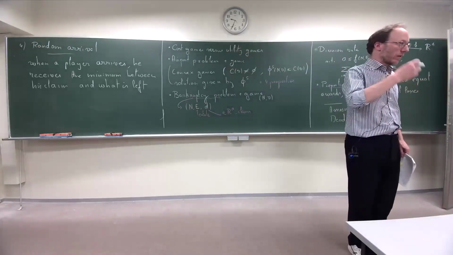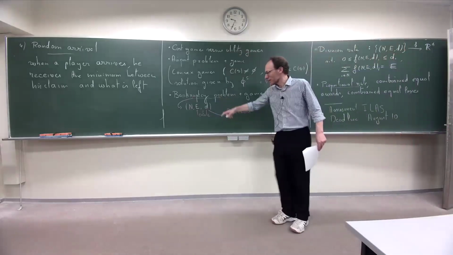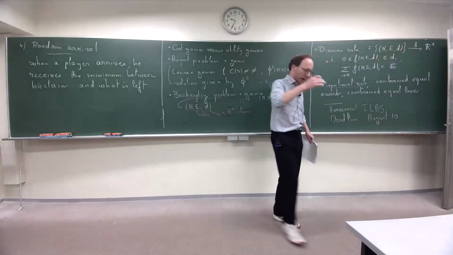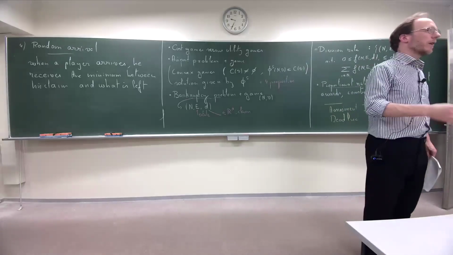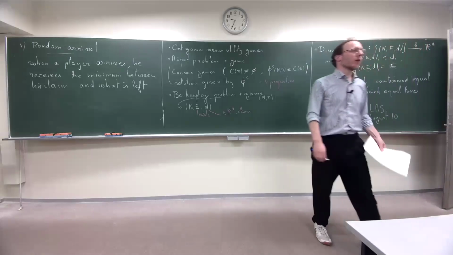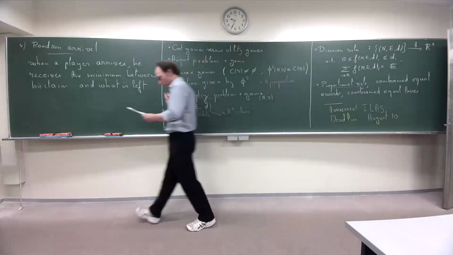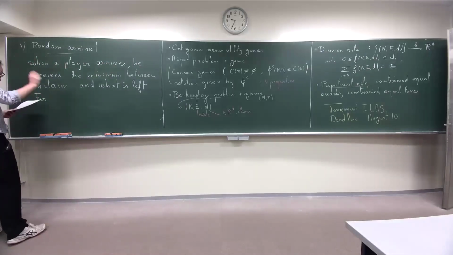So first, everybody can claim what he would like to claim, but the arrival is going to be random, and we have to take the expectation, so we average over all possibilities. So for fairness, I write a sentence and then I give you the formula.